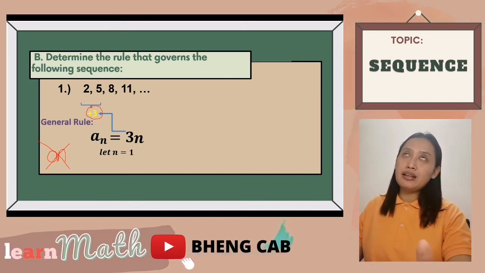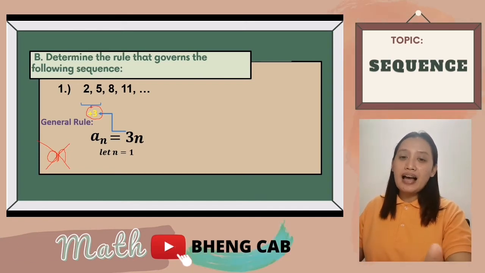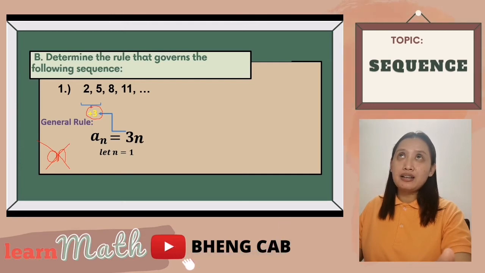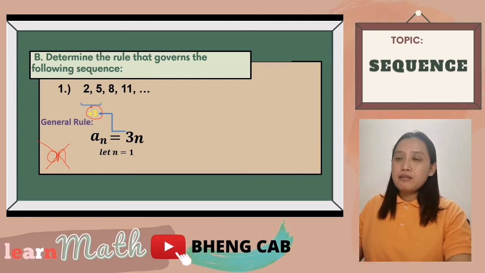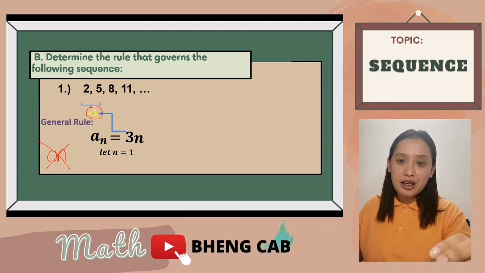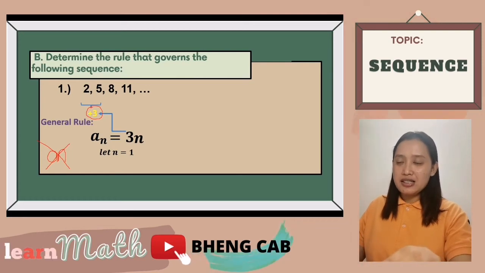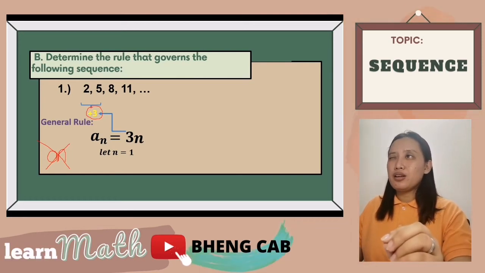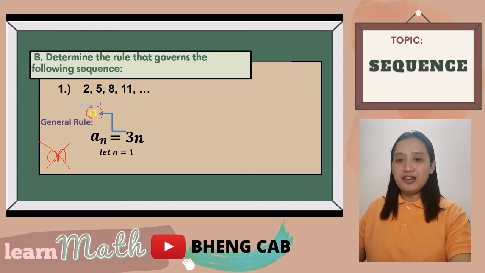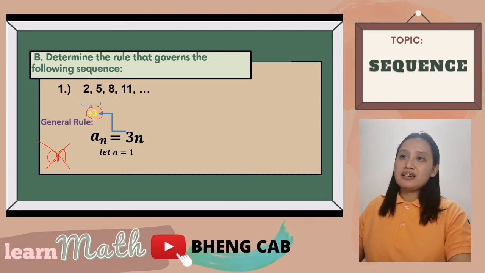So, dahil alam natin na ang pattern ay by 3s, nag-add tayo ng 3, ayun yung pinakamalaking clue na meron tayo. Siguro, iti-test muna natin like this. Kung we substitute the value of n, dapat magiging equal siya dito sa ating sequence.